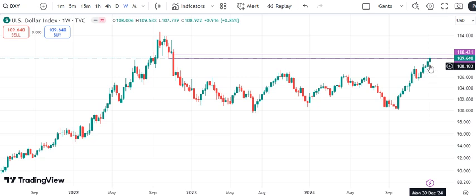Last week, price traded bullishly. We had an up close week and then it traded into the low of this bearish candle.